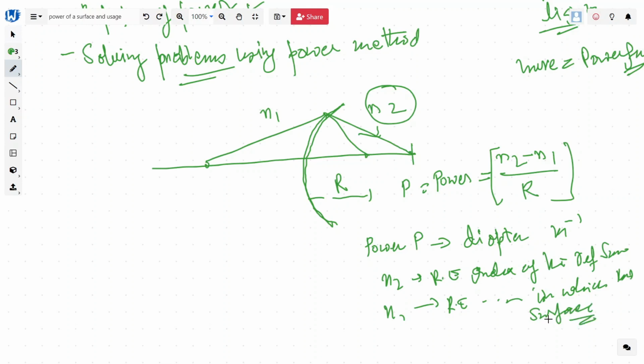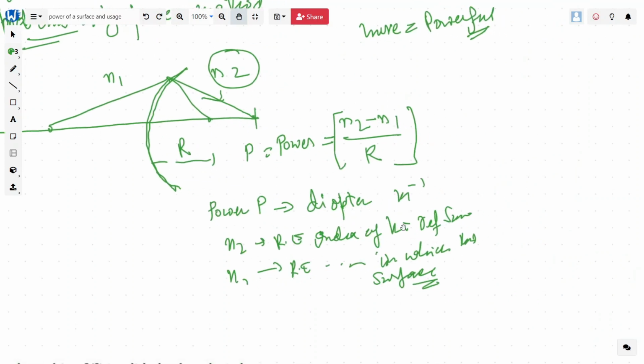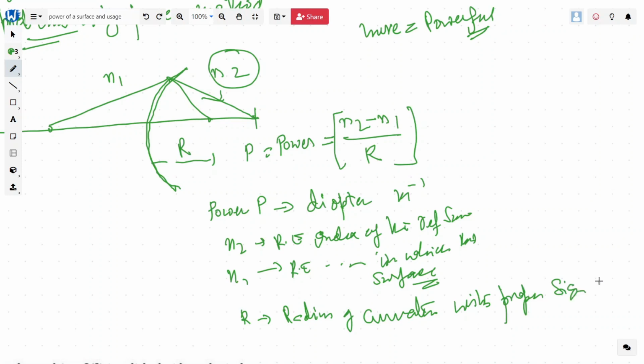Usually it could be air, but it could be anything, and that's why we are considering a very general equation here, which is n1 in this case. And R is basically the radius of curvature with proper signs as per sign convention.